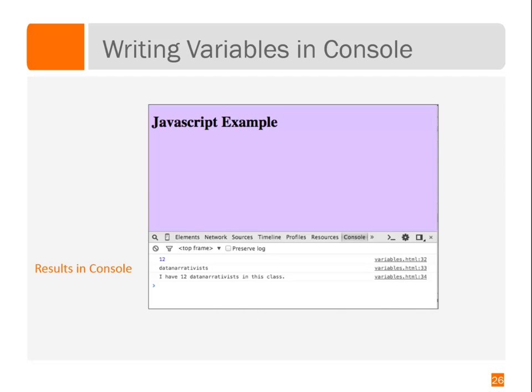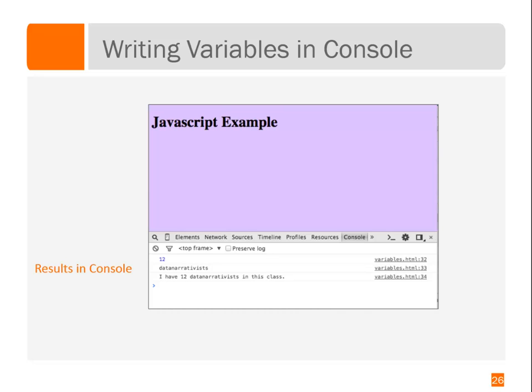And that statement is, I have 12 data narrativists in this class, and it should be fairly obvious what we inserted. We're inserting the 12 and the data narrativists in that sentence. Okay. So this is a good example of how to use variables with JavaScript and write those out to the console. So at this point, let's go.